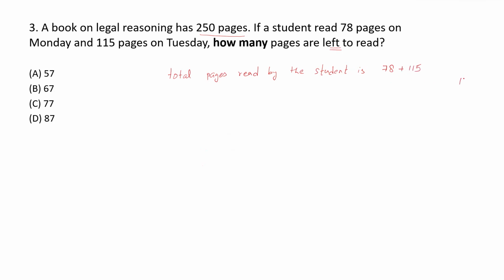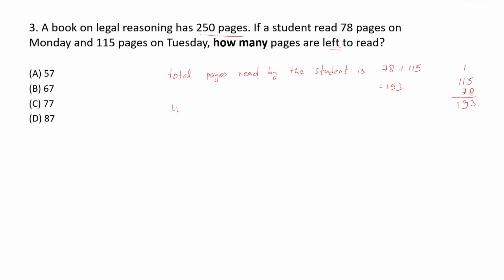How much is this? 115 and 78. 5 plus 8 is 13. Remainder is 1. Now 7 plus 1 plus 1 is 9. 193. So it is 193. So out of 250, the student has already read 193 pages.